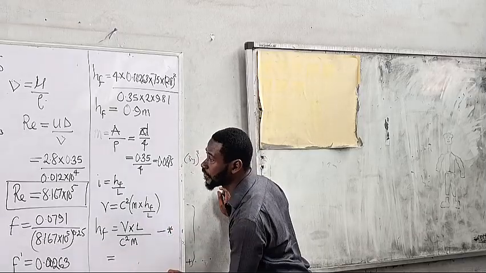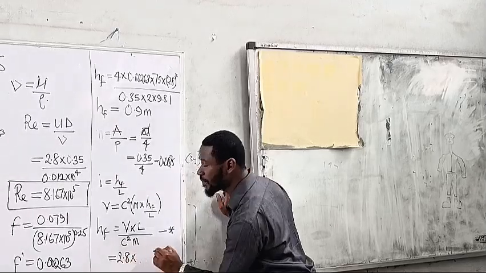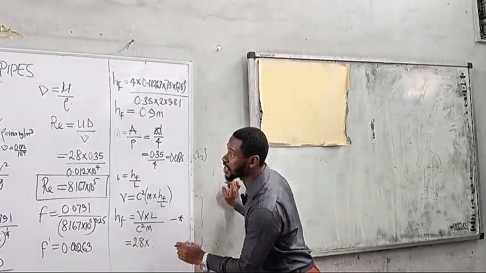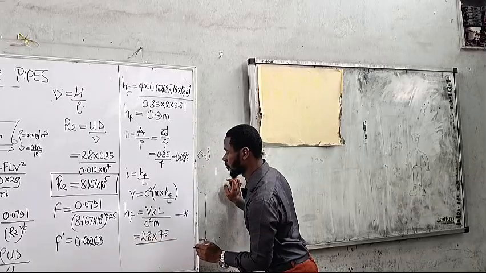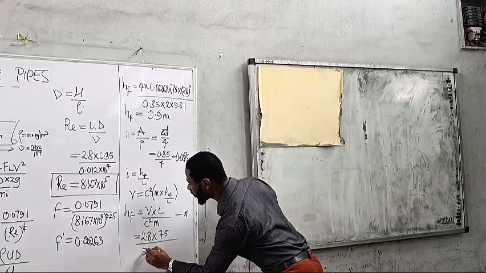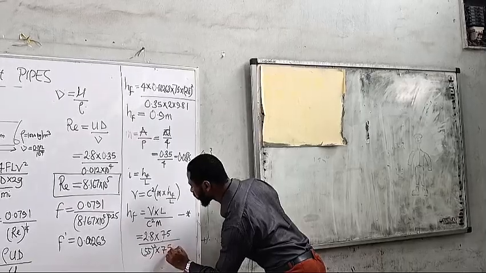So we have V, V is given as 2.8, multiplied by the length of the pipe, which is 75, divided by 55 squared multiplied by 0.0875.